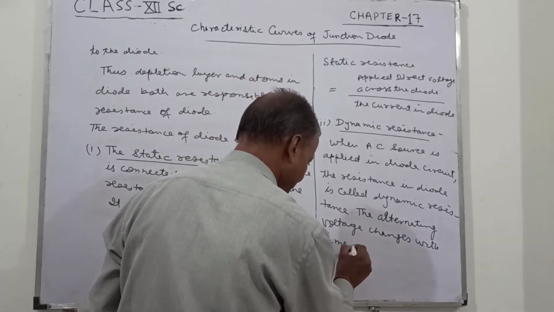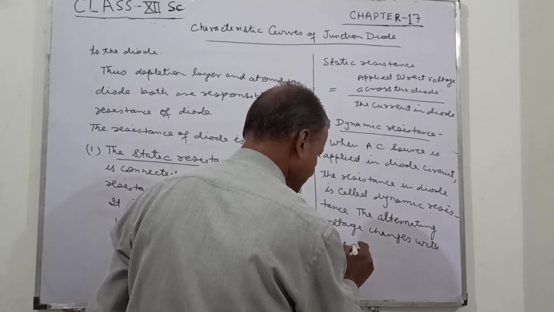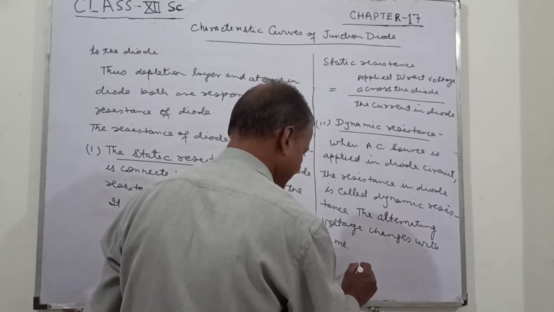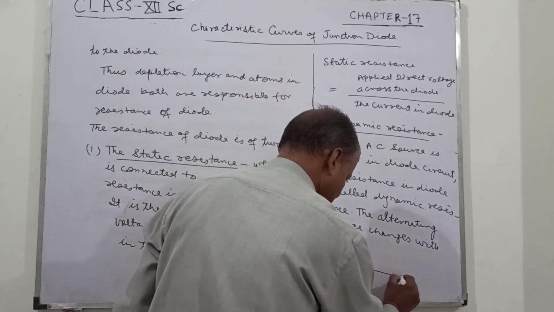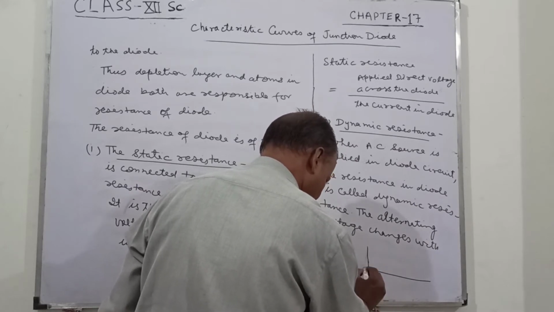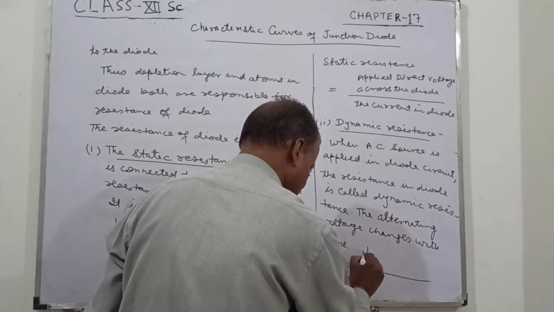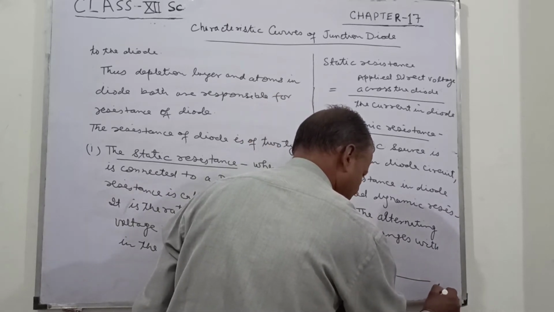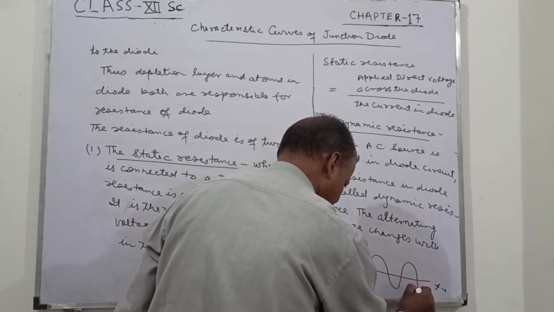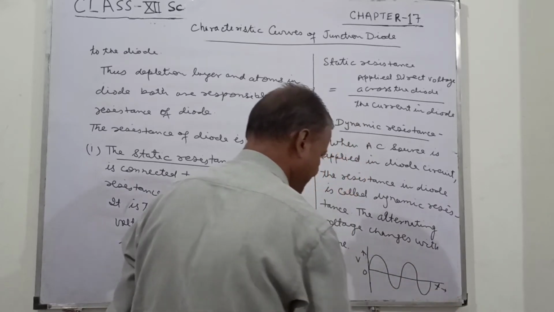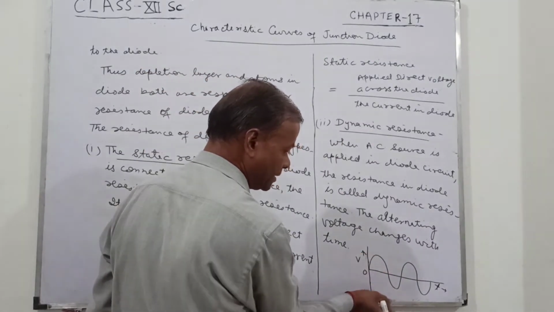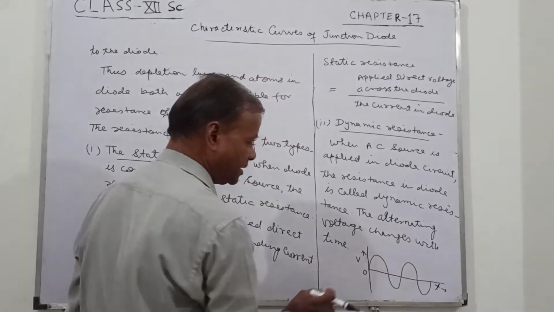Now this is like this, just you can see, this is suppose 0, here we take this voltage, this is time t, and it is like this. You can see that this is the first positive half cycle, then negative, then the positive half cycle, then the negative half cycle.